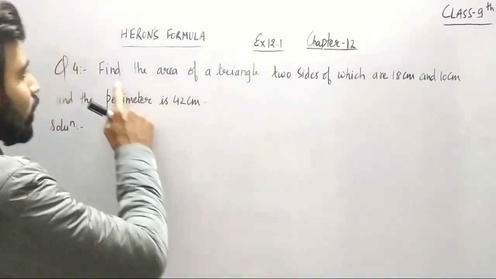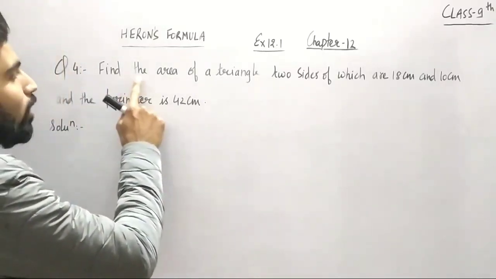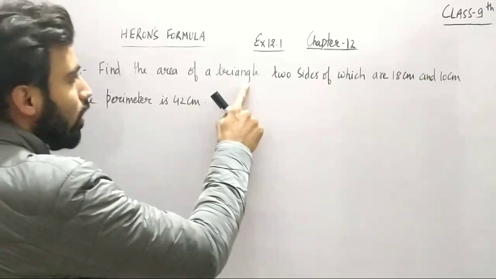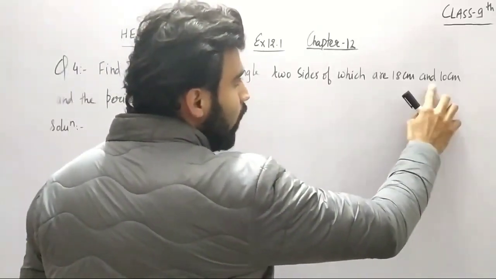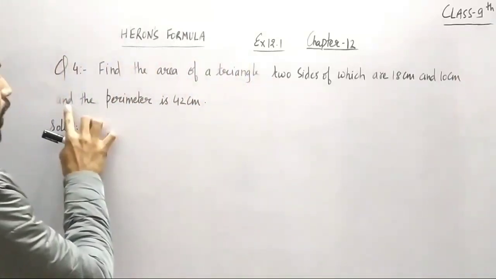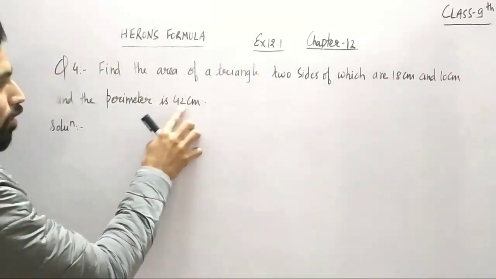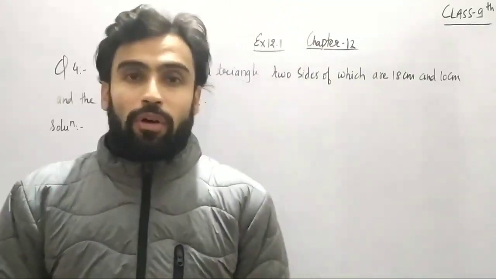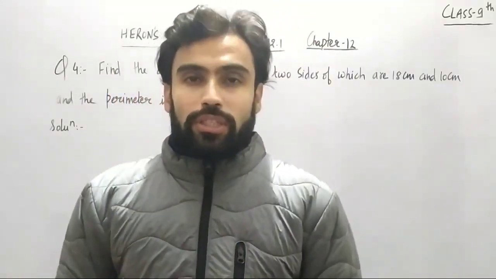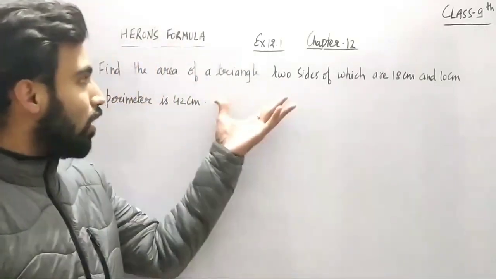Now in this question it is given: find the area of a triangle, two sides of which are 18 centimeter and 10 centimeter, and the perimeter is 42 centimeter. Now if you remember, in the previous video I showed an example which is quite similar to this question.